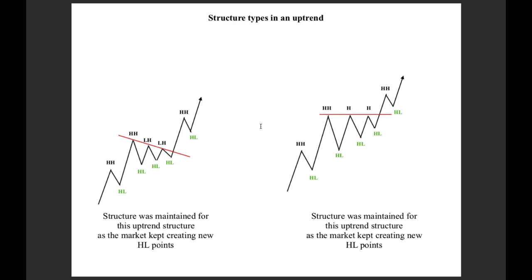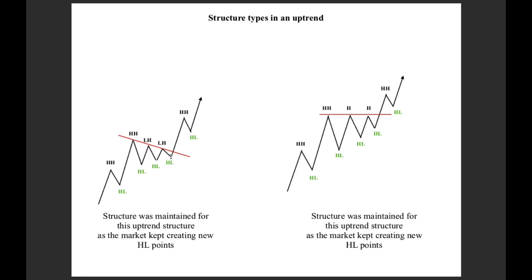So in an uptrend, there are different kinds of structure, but what you need to know is we'll have our normal higher highs and higher lows. The market doesn't always move in what you learned in Market Structure 1.0. What tends to happen is the market will create lower highs inside of an uptrend. But the secret here is that we just keep on creating higher lows.